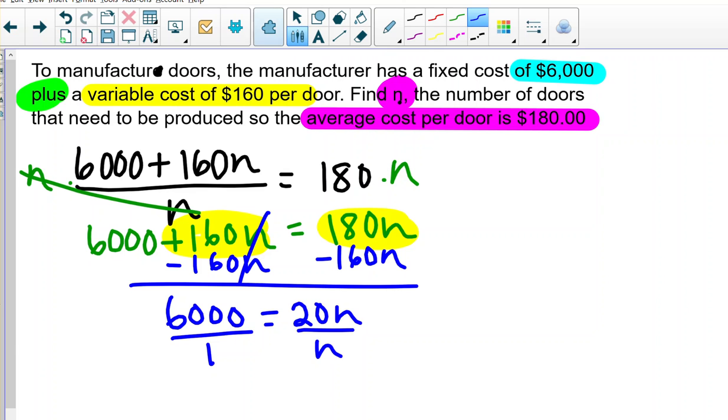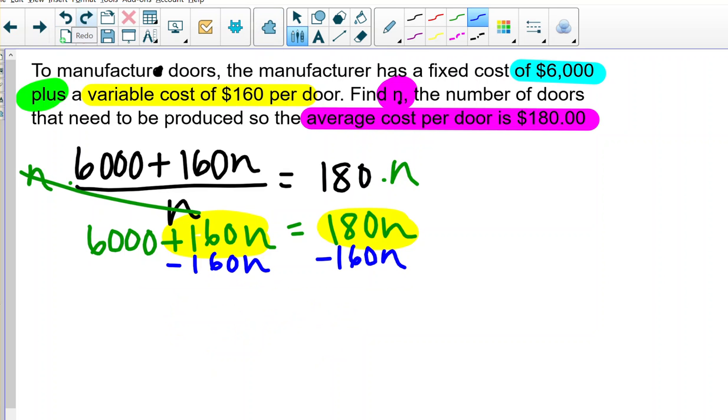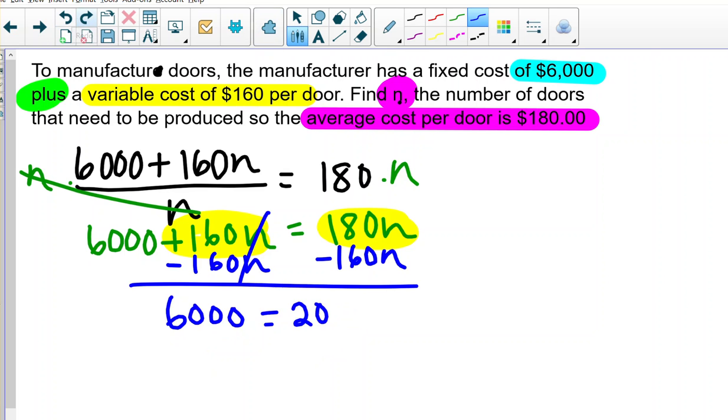And so for my last step, I want to divide both sides by 20. And 6,000 divided by 20 is 300.